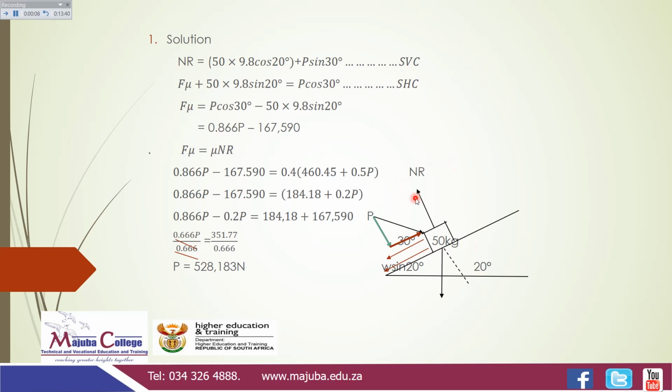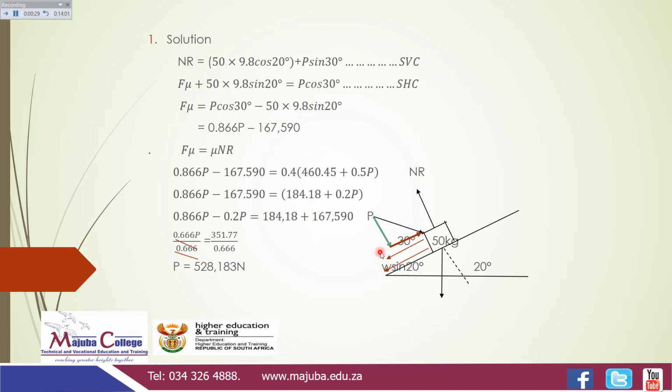So here we've got the normal force, your perpendicular force, that will be equal to W cos theta, and you'll have your parallel force that is equal to W sine 20.